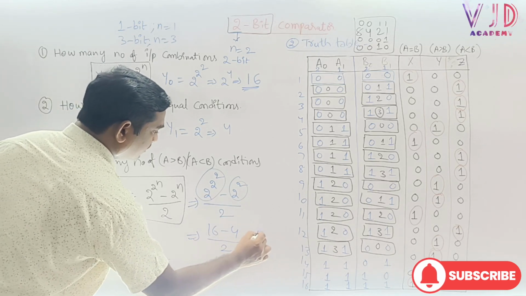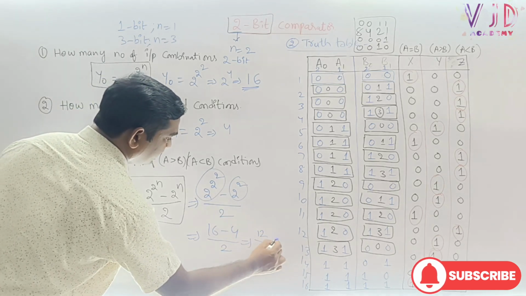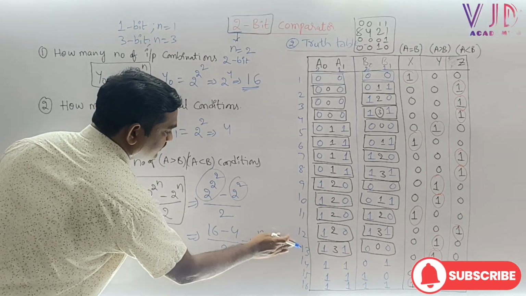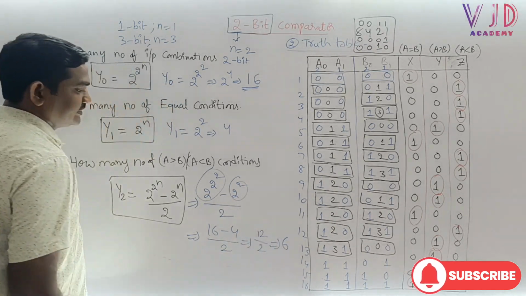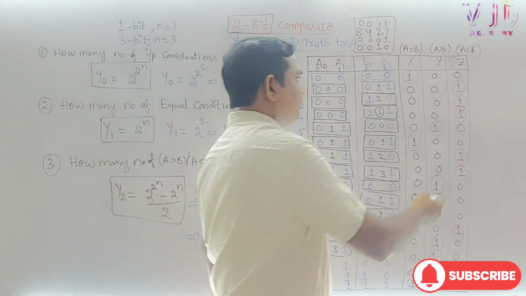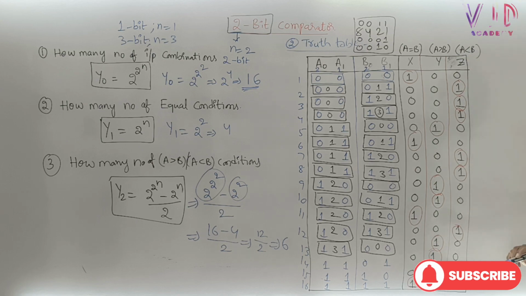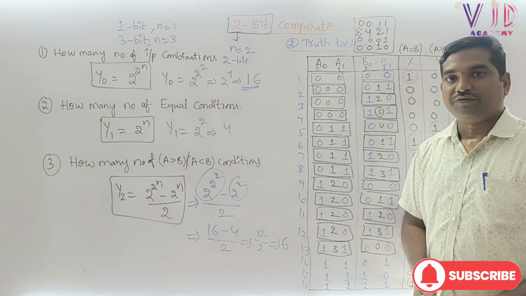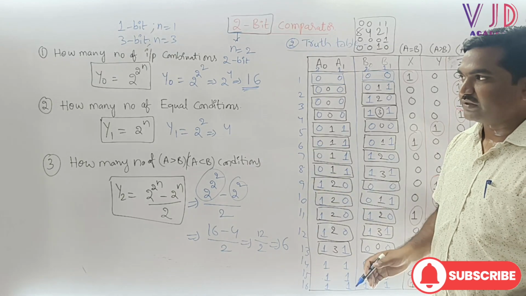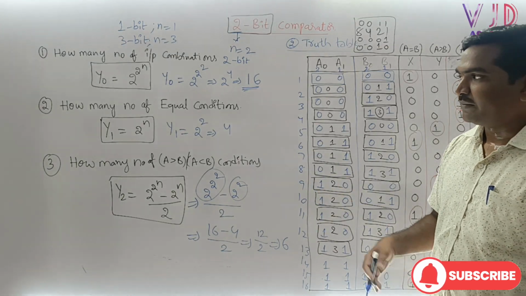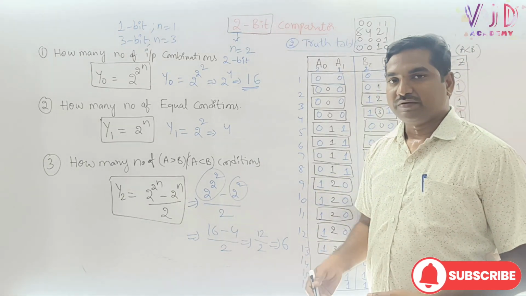We can say 12 divided by 2, finally 6 conditions. We have already counted A greater than B are 6 conditions and A less than B are 6 conditions. This is the way of calculating the number of possible combinations, the number of equal conditions, and the number of greater and lesser conditions.